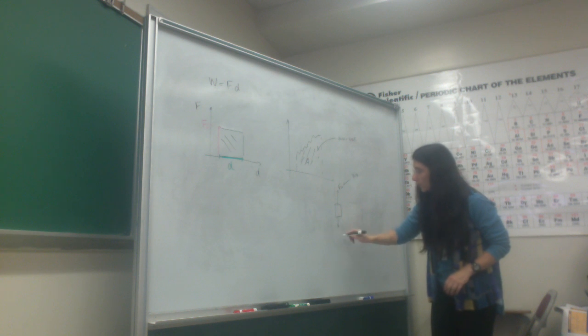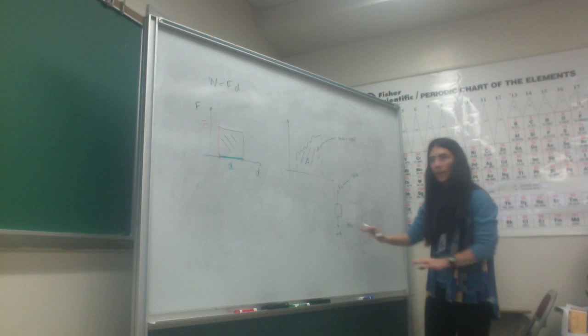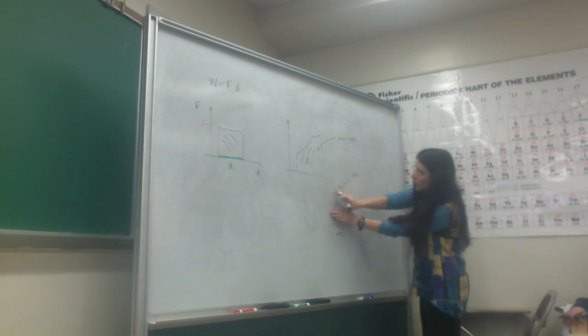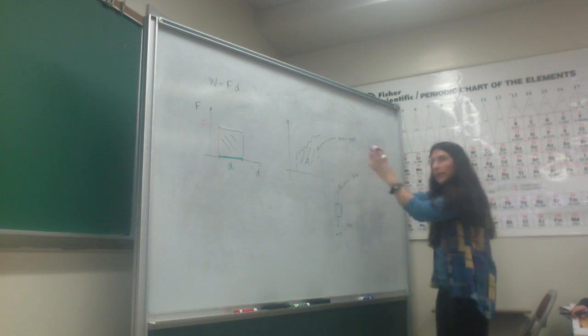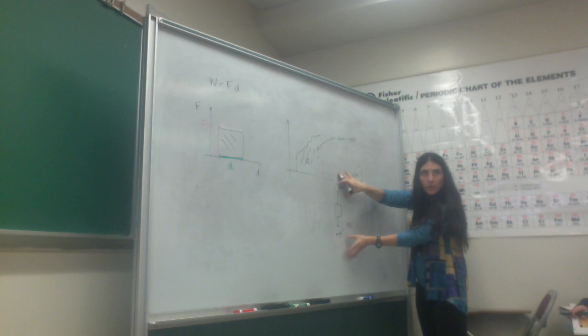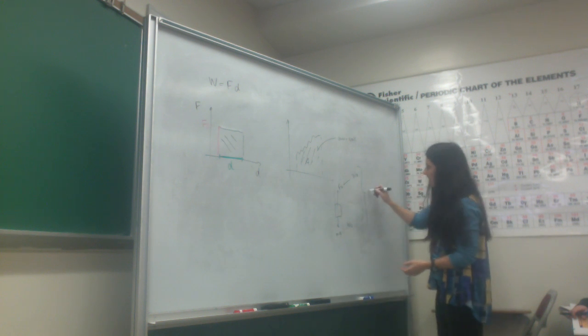There is another work done by this other force, with its displacement. That's true if I only look at this force, but if I look at the net, the sum of all of these forces, the net force cancels, and the net work therefore is 0.